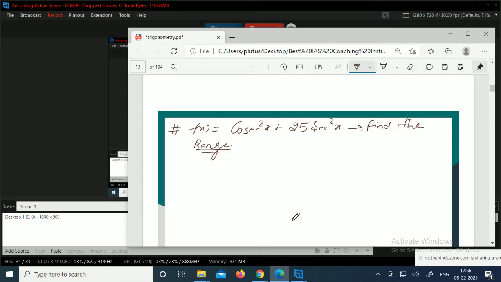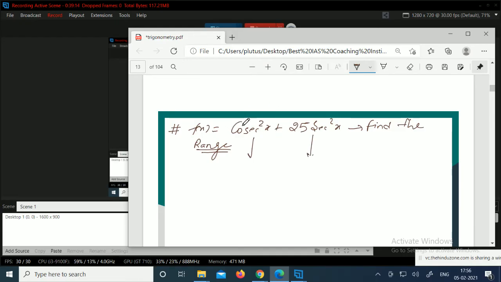Here it is secant square and cosec square. So we need to convert this into some kind of whole square form.